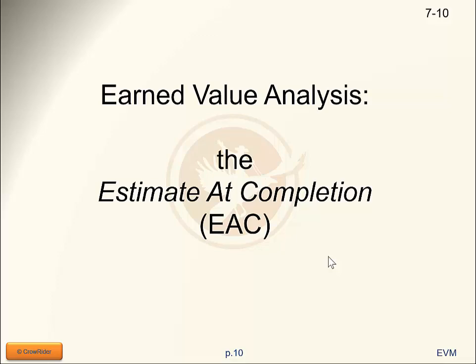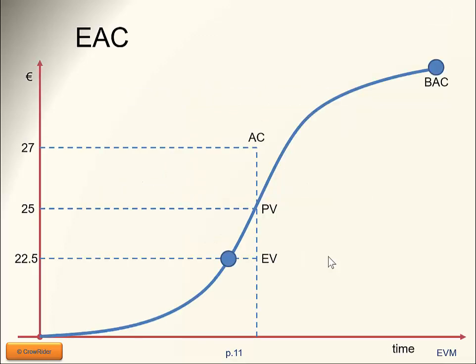The estimate at completion. We have created our baseline, found our planned value, actual cost, earned value. What does this earned value actually mean? Well, if you see that dot on the cost baseline, that might remind you that at the very beginning of our explanation about earned value, I was saying that earned value is actually a point on the cost baseline.